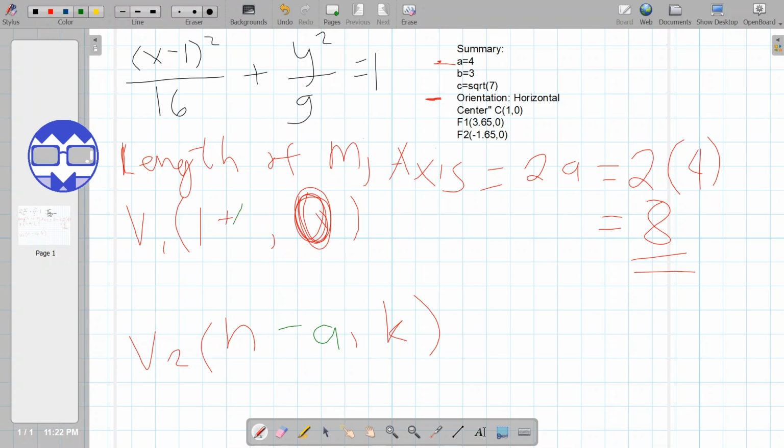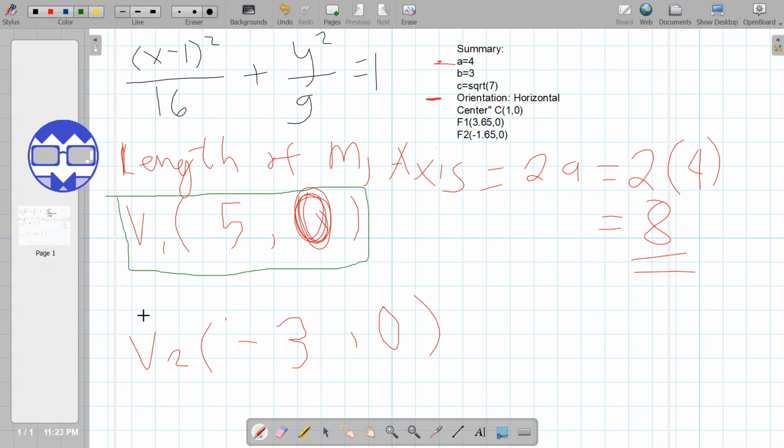For vertex 2, still the same, k is 0, and a is 4, and our h is also 1. So 1 plus 4 is 5, and 1 minus 4 is negative 3. So these are our vertices.